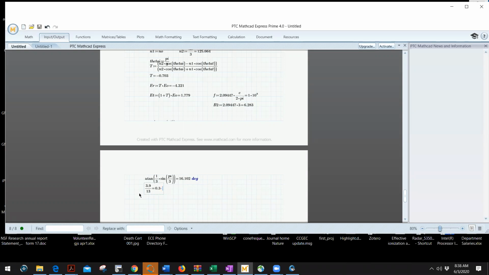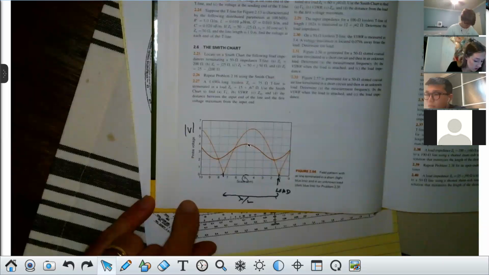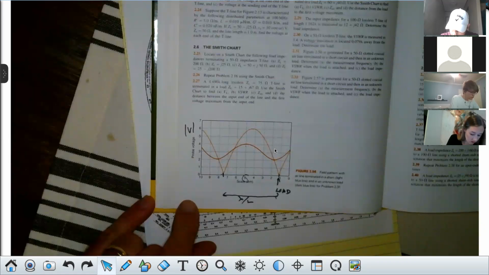All right, here's the deal. We go from the voltage maximum right here. Let me say it this way. We're going to go from, and I'll use this cursor, can you all see the cursor on the screen? Yes. From the voltage maximum right here, and we're going to move it to the load right here.